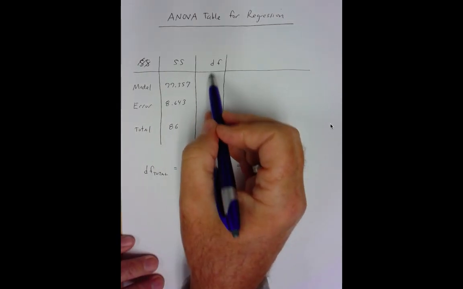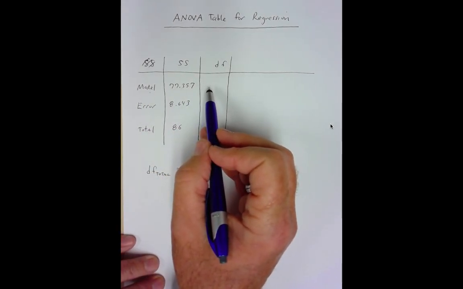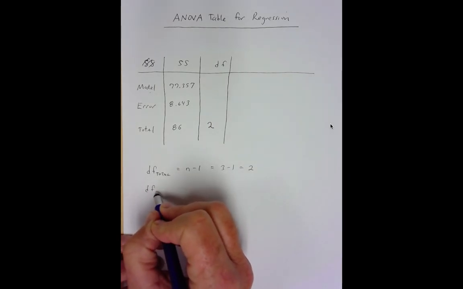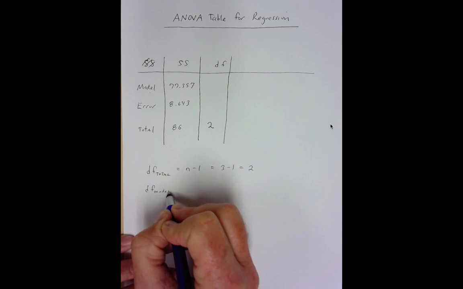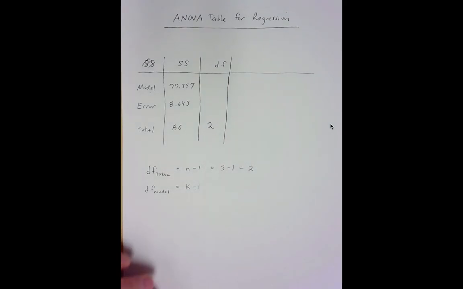Now, our degrees of freedom for our model are the number of predictors, including the intercept.